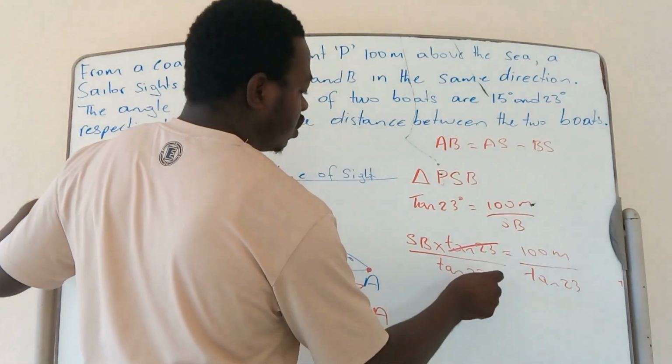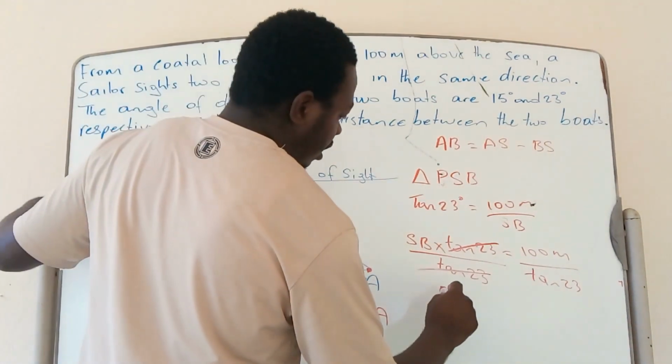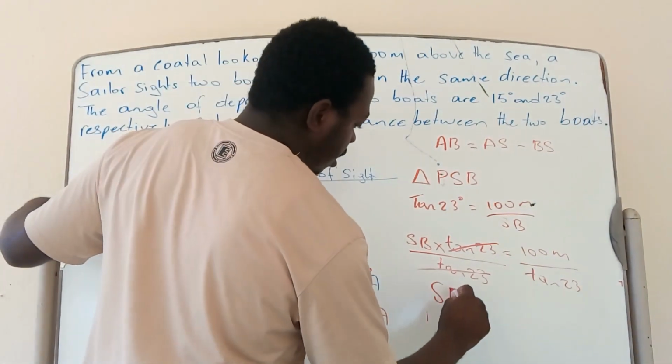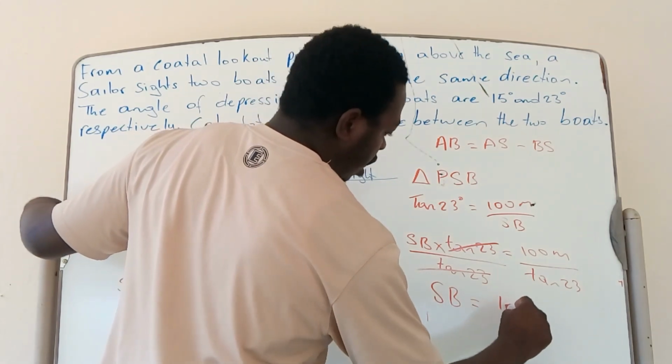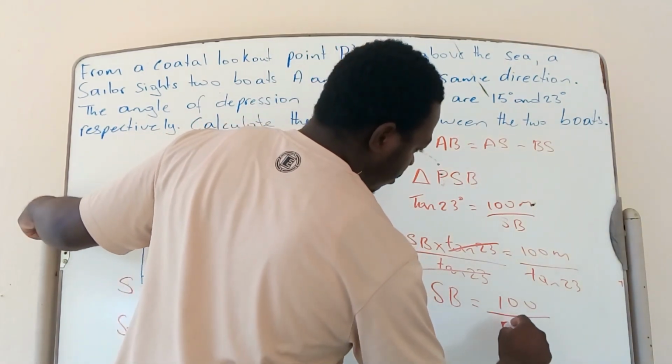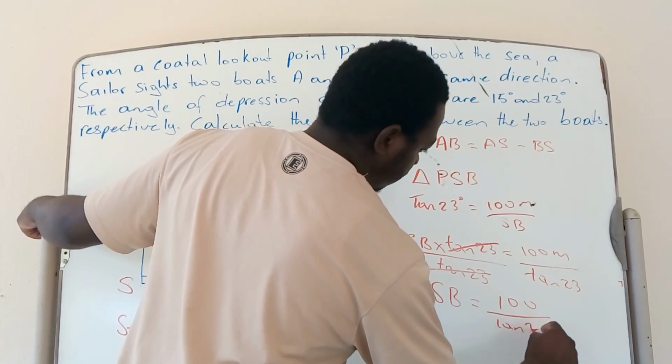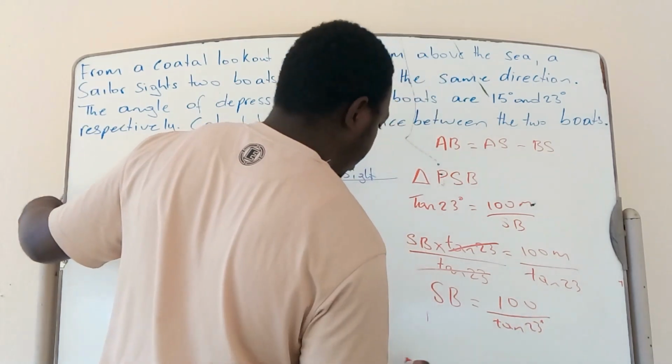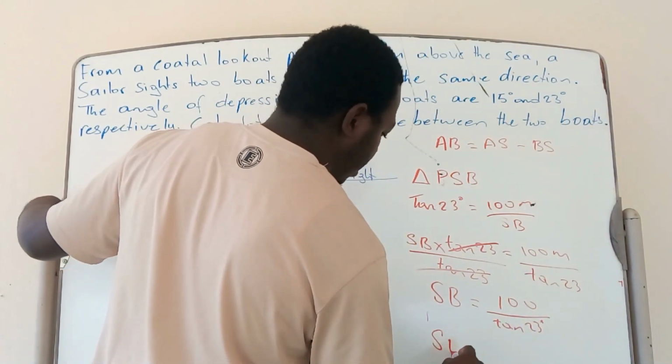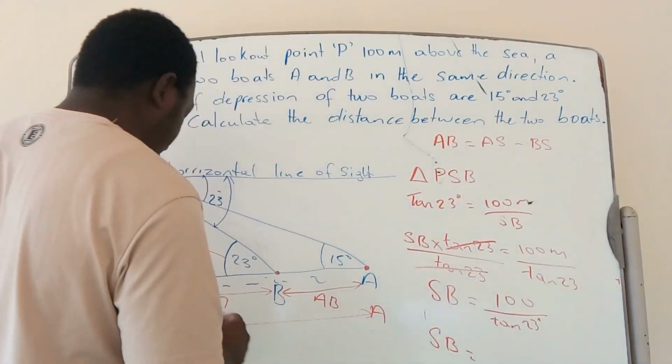So we know tan 23 cancels out tan 23. Then that means SB is equal to 100 divided by tangent of 23 degrees. Right? And you just put that on your calculator and you find what SB is.